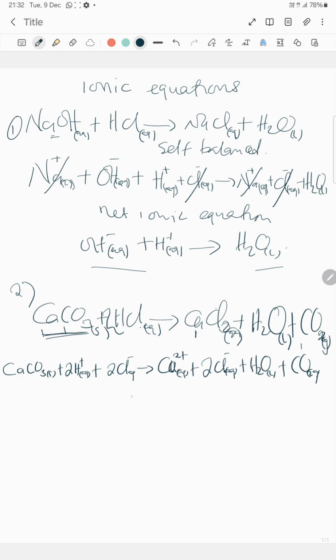Now if you want to write the net ionic equation, we are just going to remove those that are found on both sides. I can see the chloride ions are the same on both sides.